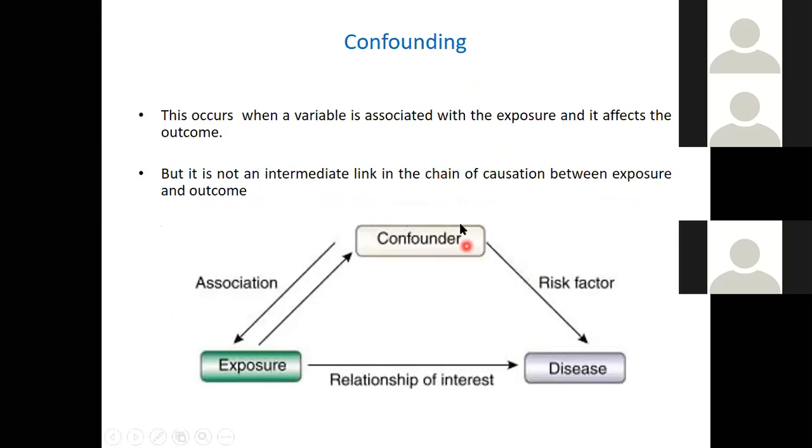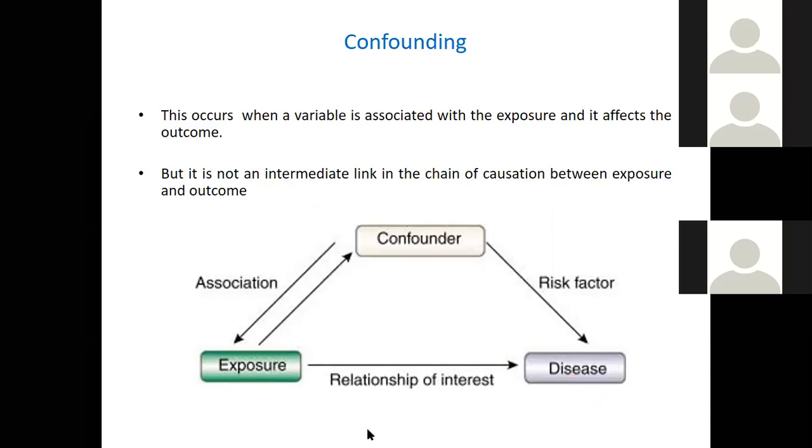Now, confounding. Let's describe what confounding means. It occurs when a variable is associated with the exposure and it affects the outcome. Can you see? It affects the outcome. Look at the diagram below. This diagram is self-explanatory. This is the outcome of interest, the disease, and this is the exposure.